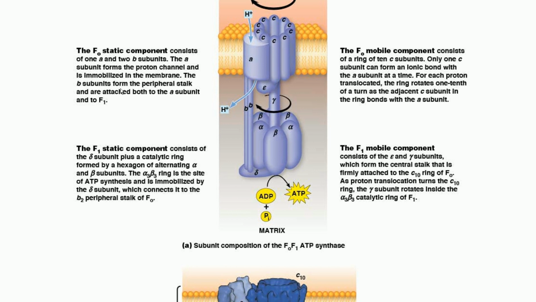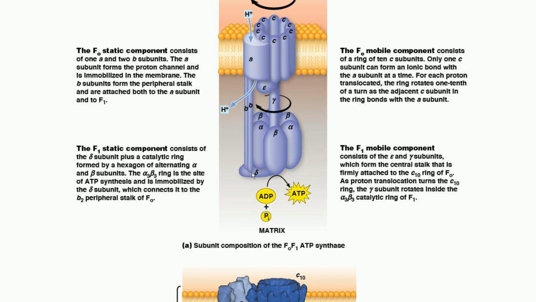The B subunits form the peripheral stalk and are attached both to the A subunit and to F1. So these are the 2 B subunits and they are attached to the delta subunit of F1. This delta subunit belongs to F1.